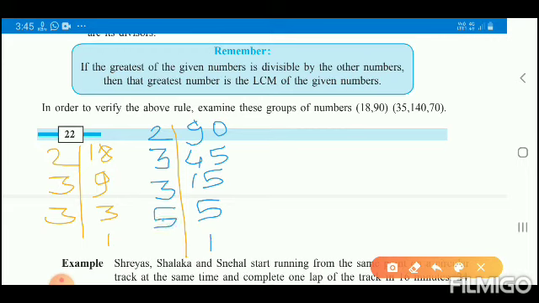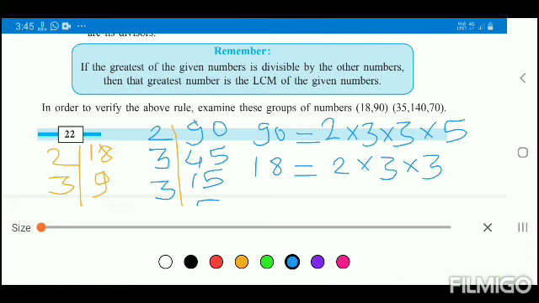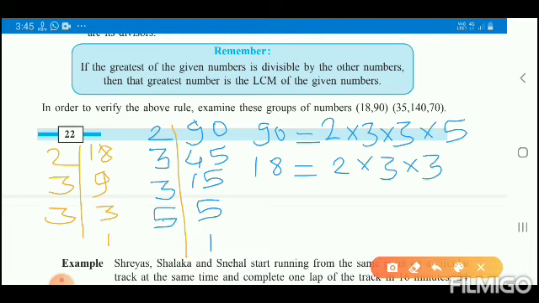Now we will write the factors of 90: 2 multiplied by 3 multiplied by 3 multiplied by 5. And 18's factors are 2 multiplied by 3 multiplied by 3.